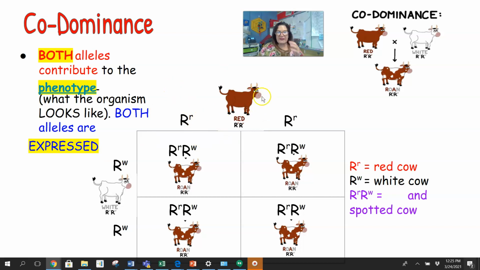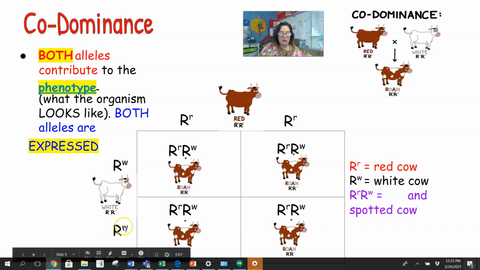So if we look at this cow up here, we see it's a red cow, and I'm going to indicate that by capital R, little r, capital R, little r. And then over here, I have this cow, and he's a white cow, so he's going to be capital R, little w, and capital R, little w.